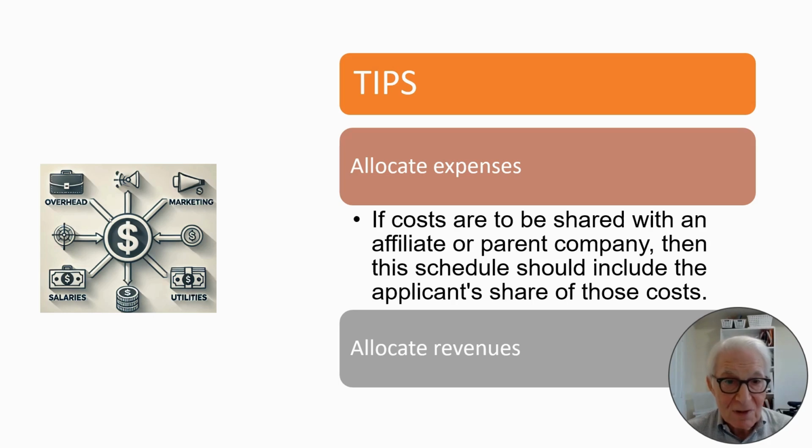Administrative salaries are often a very large number. But every applicant is unique, and you'll have different expenses to allocate. So you have to perform a careful analysis of your specific business in developing accurate projections.